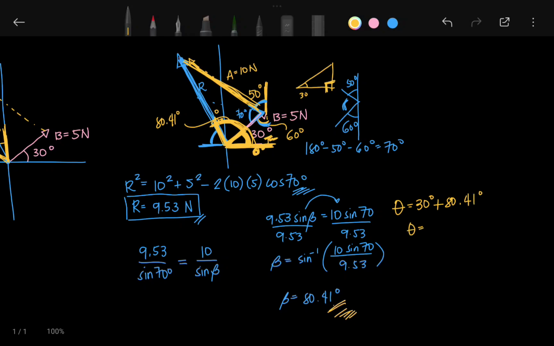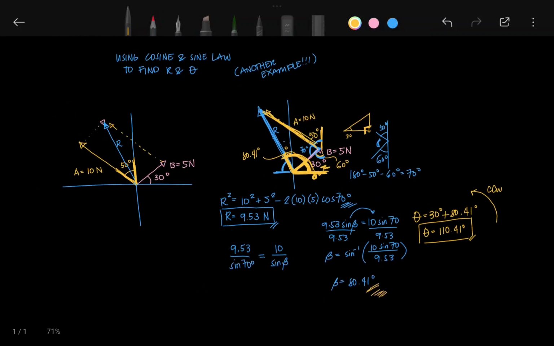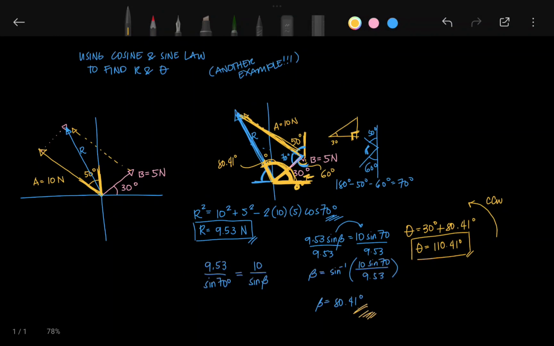Therefore, theta is equal to 110.41 degrees. Alright? So, there's no need to consider if this is negative or positive. It moves counterclockwise, so it's positive, unlike in the previous example. And, yeah, that's another example of using cosine and sine law to find the magnitude R and the direction theta.